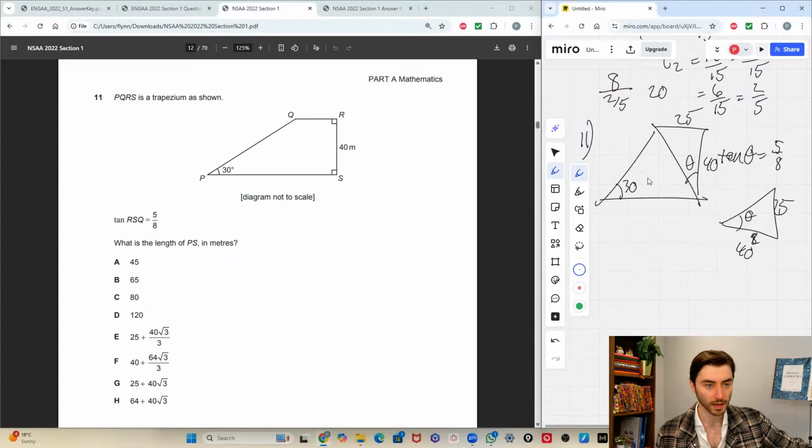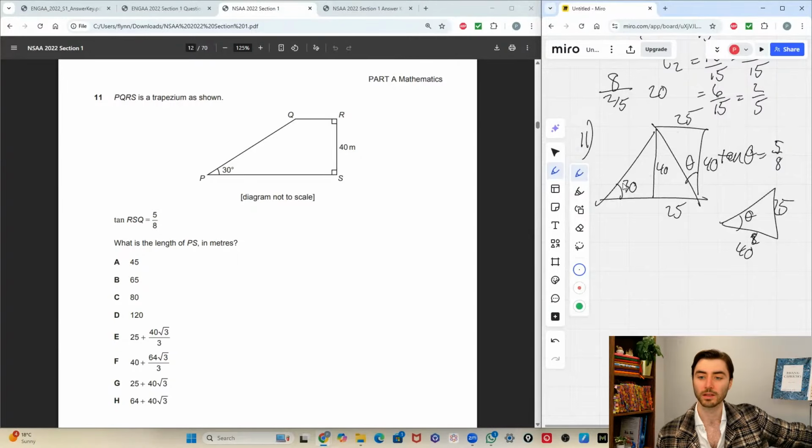What is the length of PS? That's 25. Length of PS in meters. So that's 25 and that's 40.